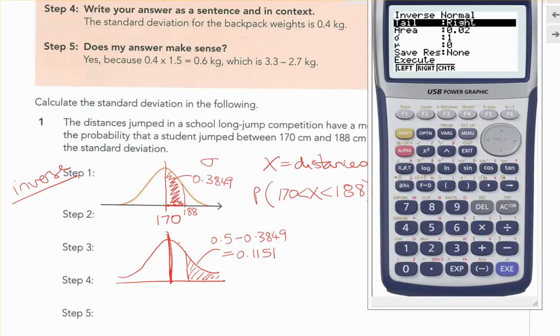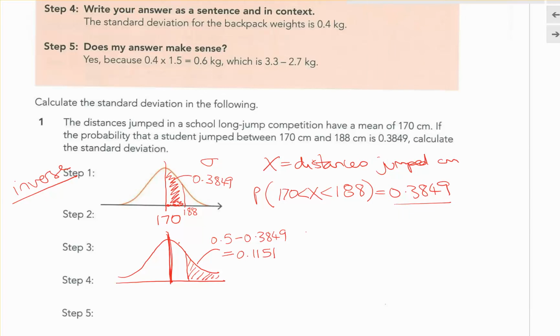Right, trying to use an inverse, of course, we have a right tail, the area is 0.1151, but as soon as I try to use a standard deviation, we don't know the standard deviation for the distances jumped.